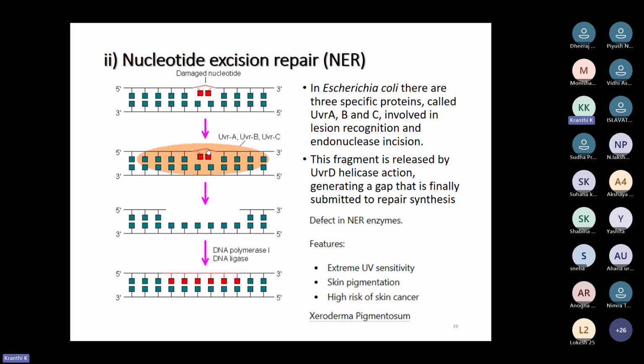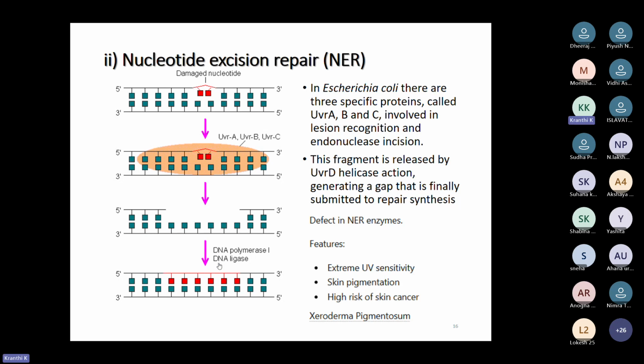Here it is the thymine dimer. So when there is a thymine dimer in E. coli, these three proteins identify the lesion and excise it, then DNA polymerase synthesizes a new strand, and it gets ligated.